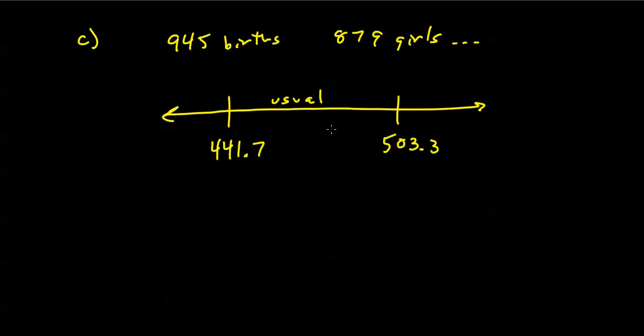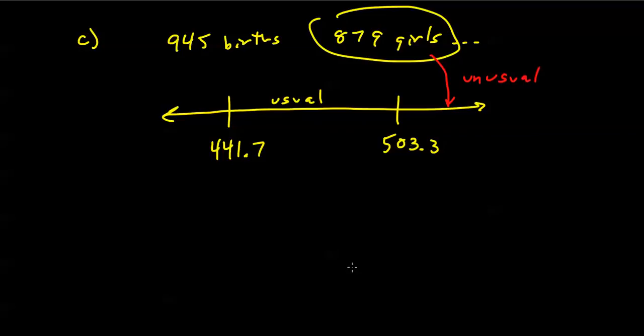Anything beyond this middle range is unusual, and clearly 879 girls is way out in this unusual range, unusually high. Right? So I would say because the result of 879 girls falls above the range of usual values, we consider the result of 879 girls to be an unusually high number of girls.